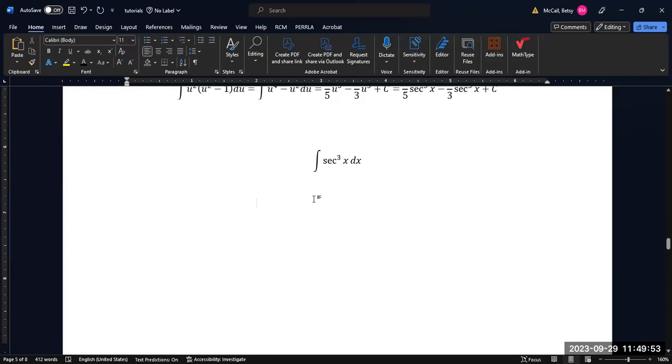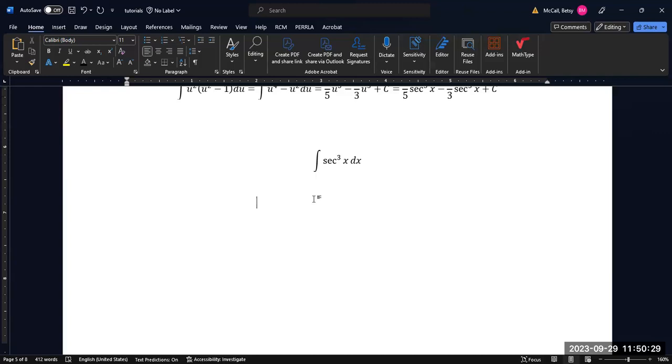Now, the difficulty with our third scenario is that we don't have really any easy way to do this with our other integration rules, with just u substitution. If I pull out a secant squared, I have only a secant left, and then I have to do a substitution to get the remaining secant turned into a tangent.